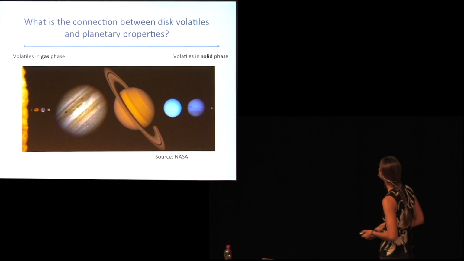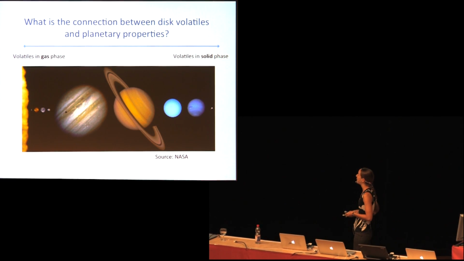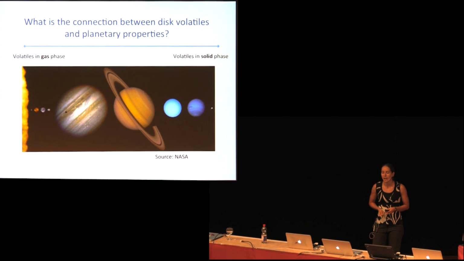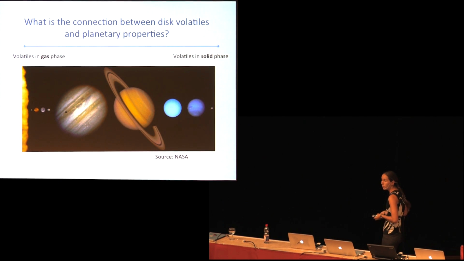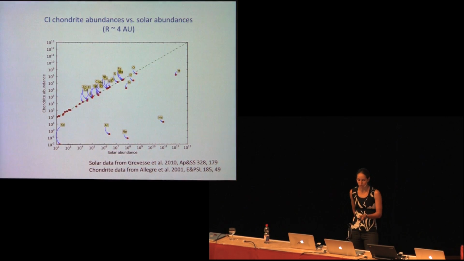The reason we think this happens is that in the inner solar system, in the disk phase, the volatiles are in the gas phase, and so they don't get incorporated into the bodies. But in the outer disk, the volatiles can be in the solid phase, and so they do get incorporated into planets. So this is a qualitative feeling for what happens in the solar system.